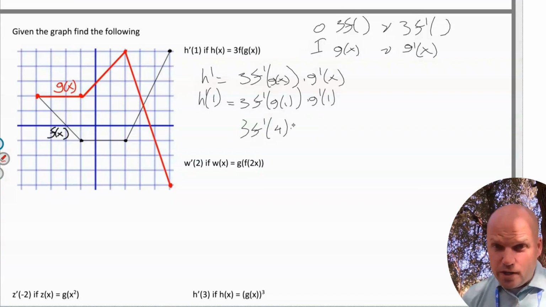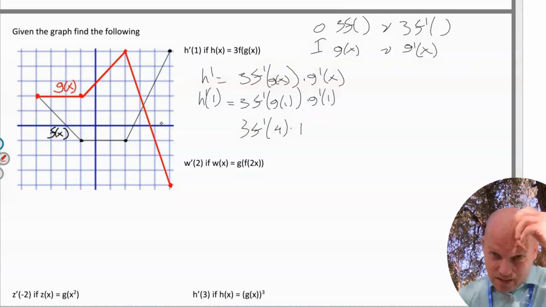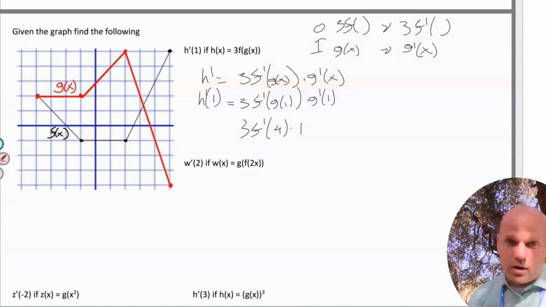Slope of G at 1 is 1. I don't like that. Whatever. Slope of F at 4. 1, 2, 3, 4. Slope of that line segment is 2, up 2 over 1. So this is 6.